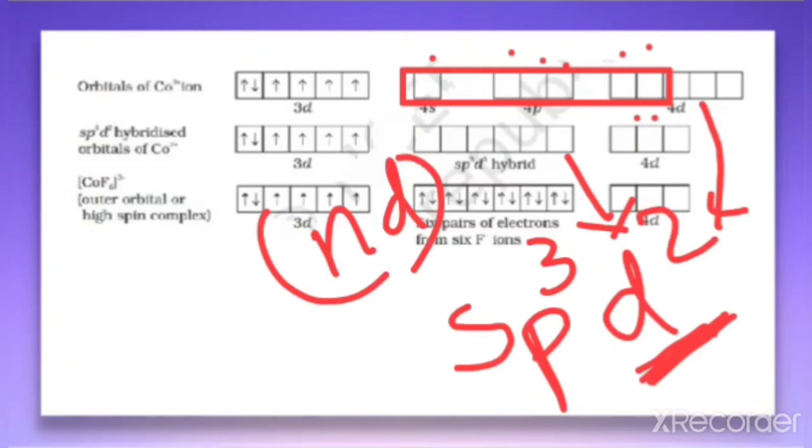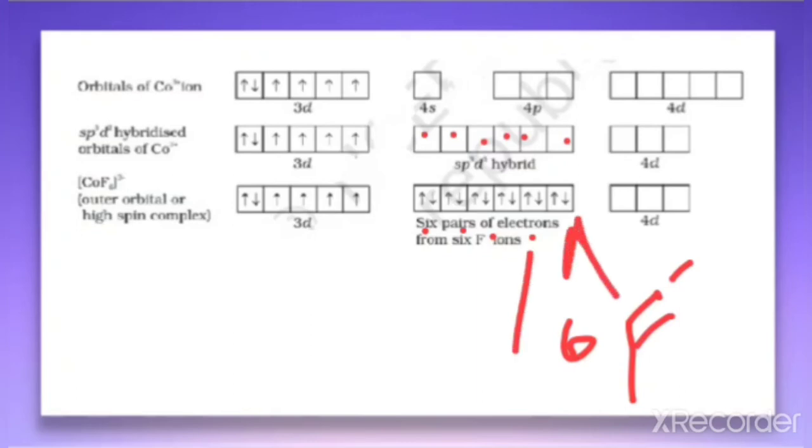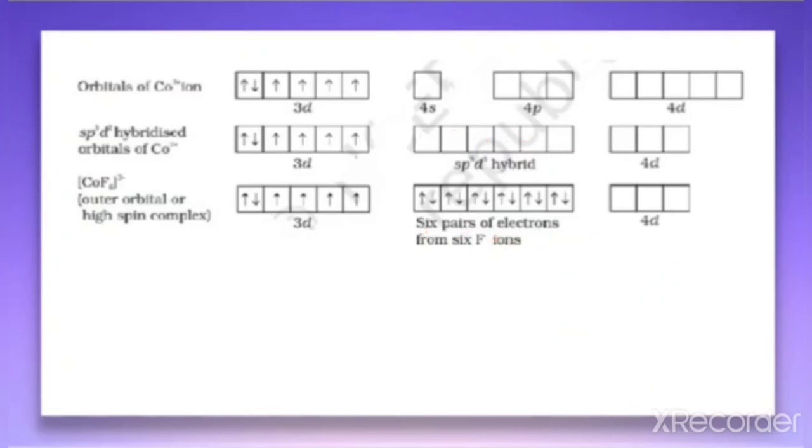So this is sp3d2 hybridization. Here 6 hybrid orbitals are formed, that is sp3d2. These are the 6 hybrid orbitals. The 6 F negative ligands will contribute electrons and form coordinate covalent bonds with the 6 hybrid orbitals of the central metal ion.